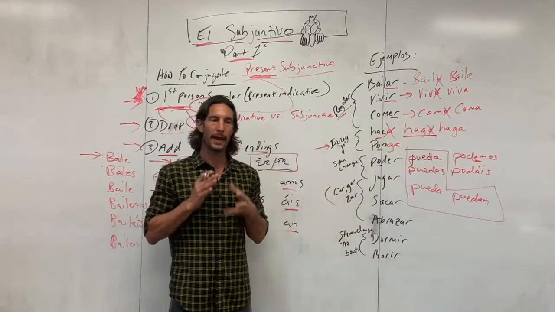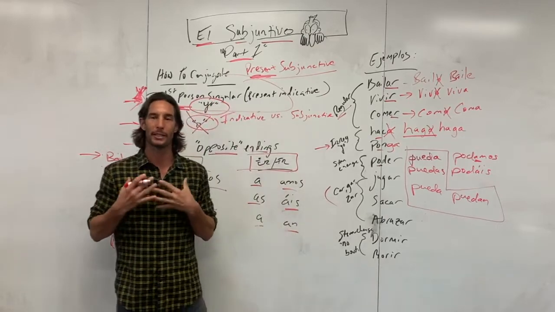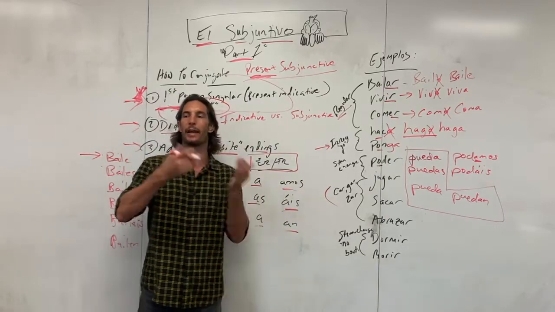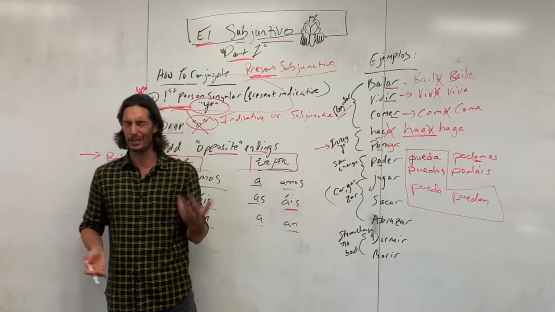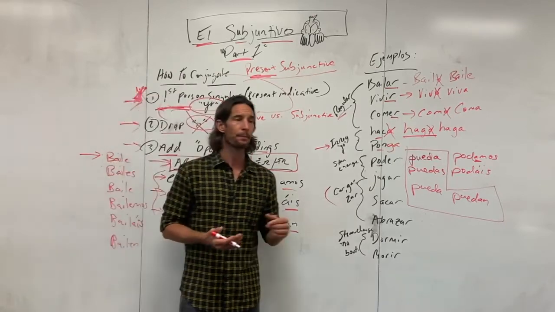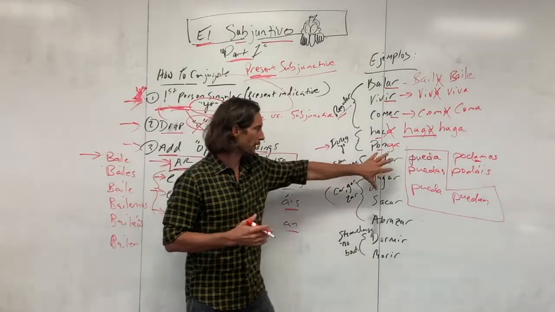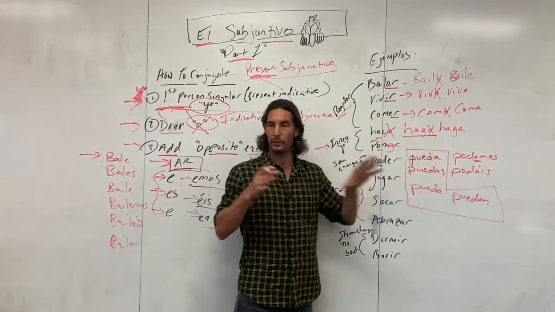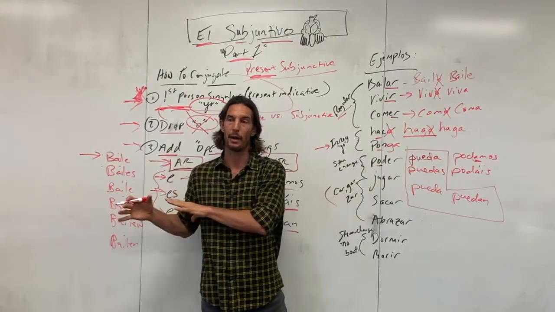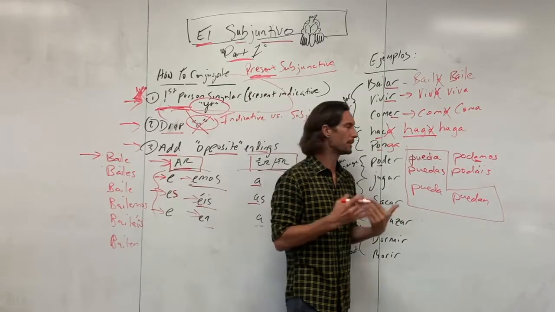And so stem changers work very similarly in the subjunctive as they do in the present indicative. Sorry, the present subjunctive and present indicative. It's just that one is the subjunctive and one is the indicative, but the boot concept is still there.